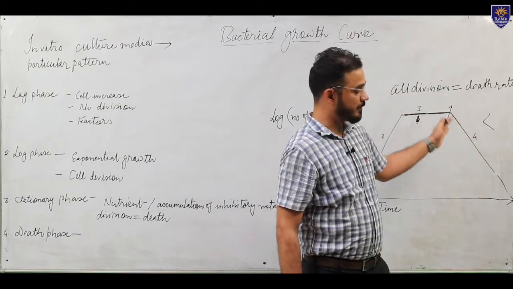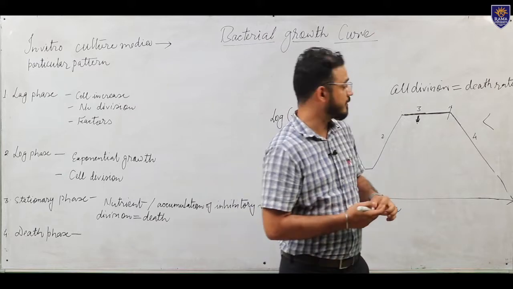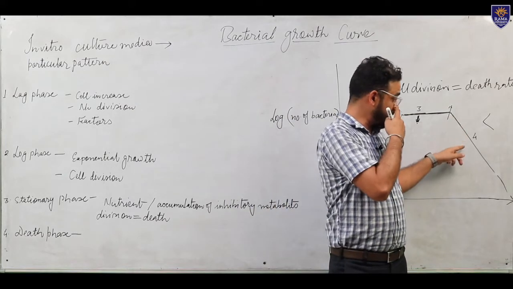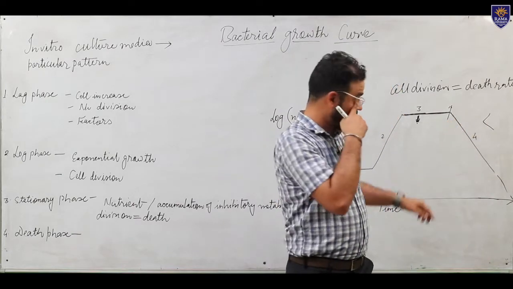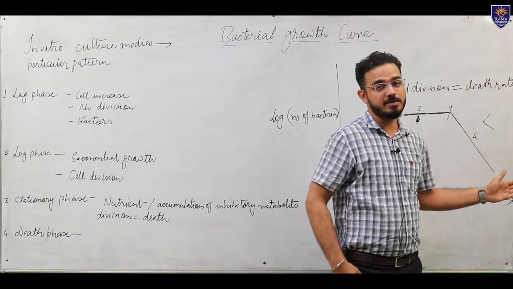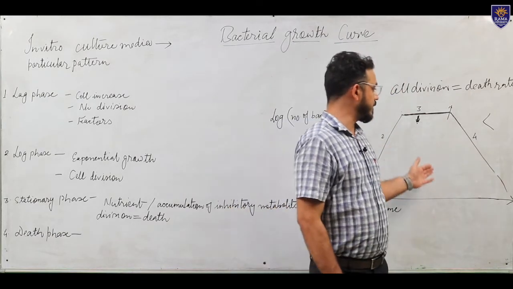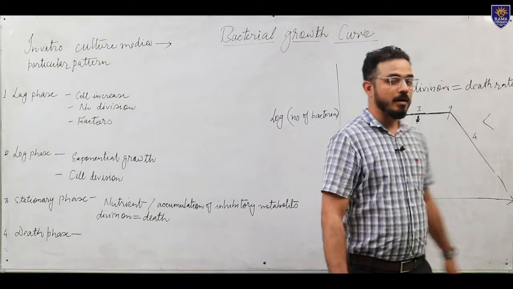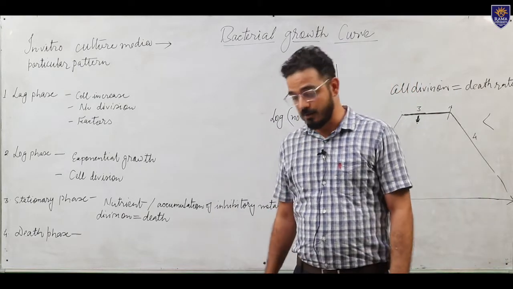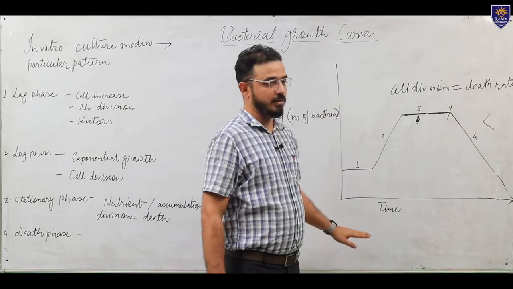The fourth phase, the decline or death phase, is denoted by a decrease in the cell population. Why? Cells start to die because there is no nutrient, no space, and there is accumulation of inhibitory metabolites. So, this is called the bacterial growth curve.